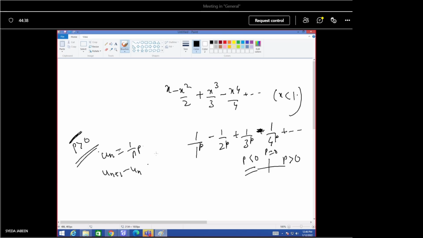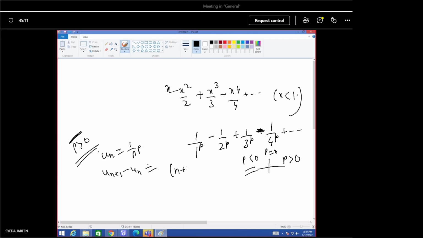Because if p is in the denominator and the value of p is larger, then it is decreasing. If p is negative, then it will increase, and un plus 1 is greater. So just taking the situation of p, you can check when it will increase and when it will decrease.